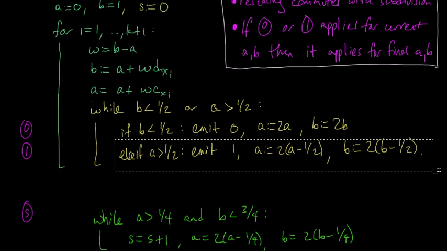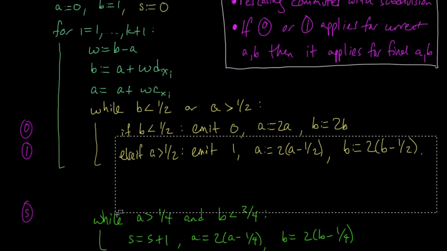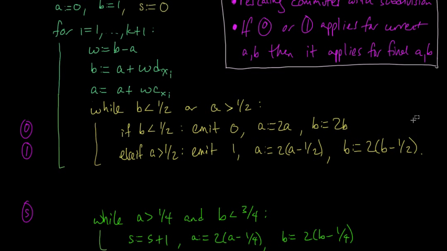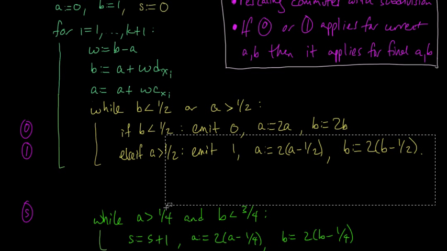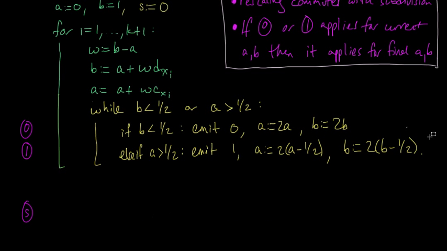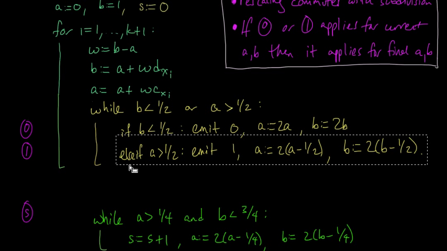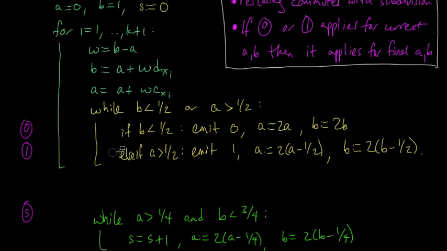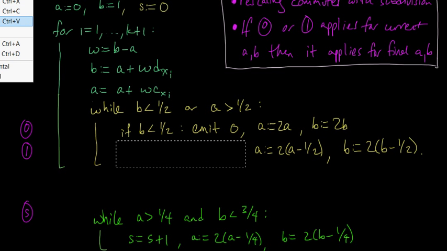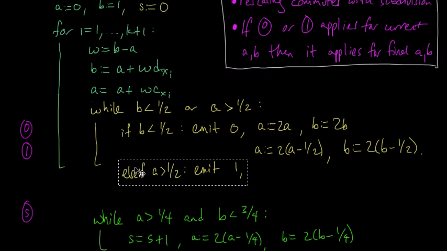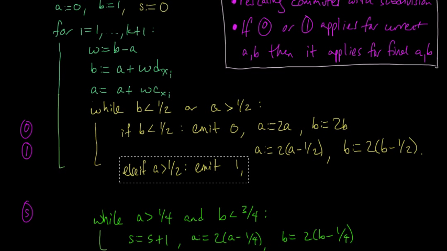So let me see if I can do this. Okay, let me just do it in pieces. Try to do this quickly. I need to make a little bit more space for each of these.